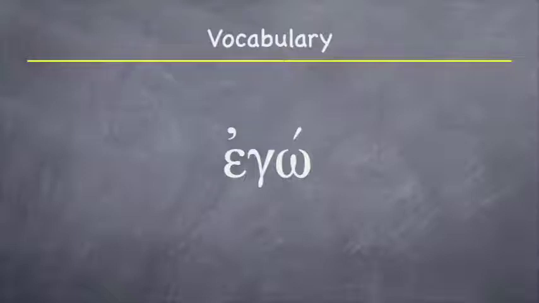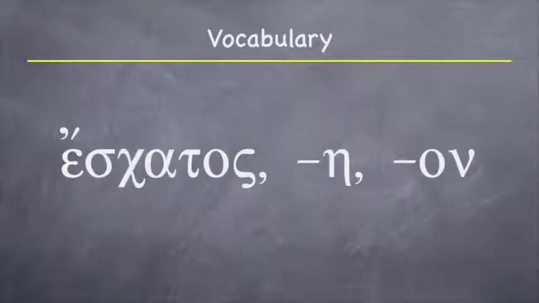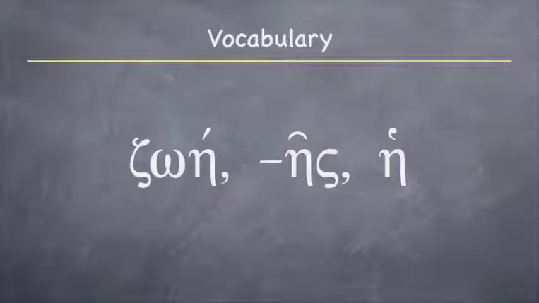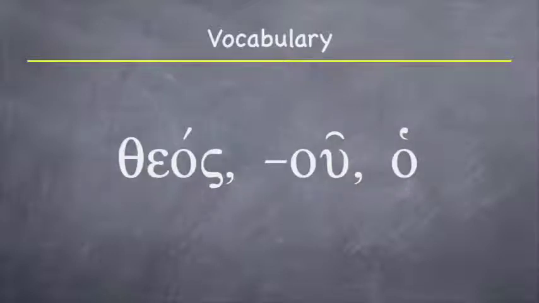Ego means I. Eschatos. Eschatos means last. Zoe. Zoe means life. Theos. Theos means God, both capital G and lowercase g.